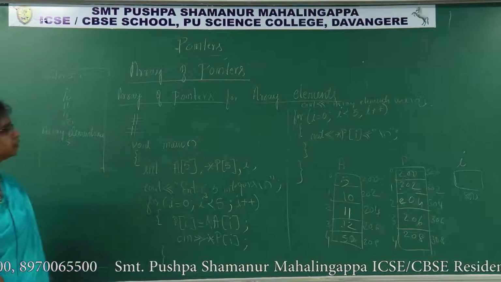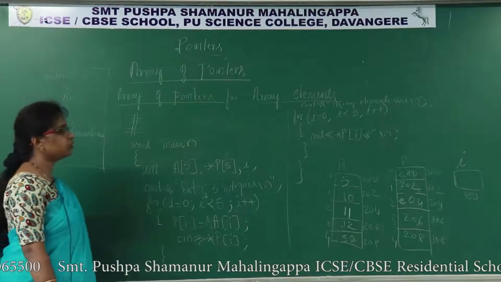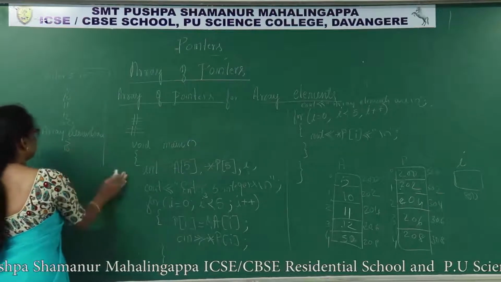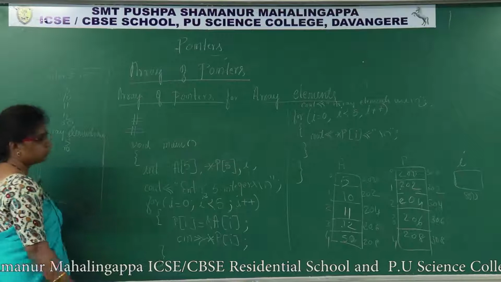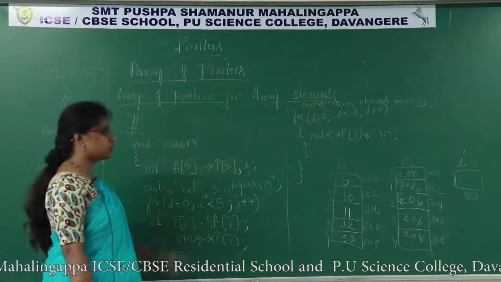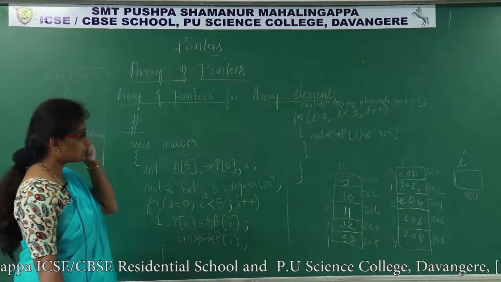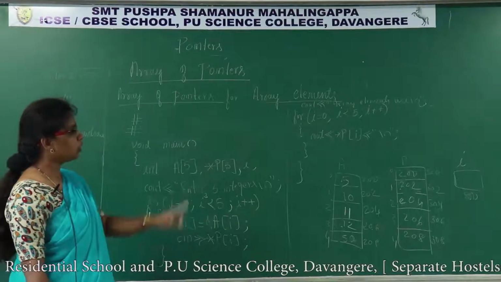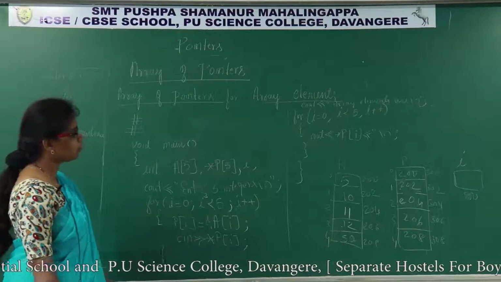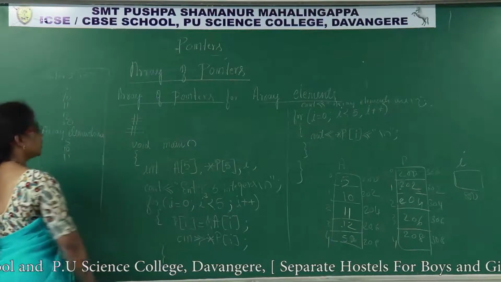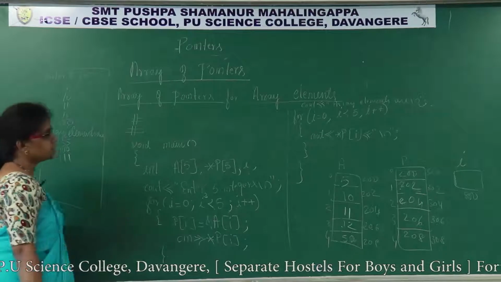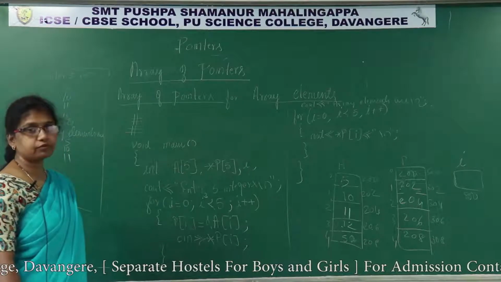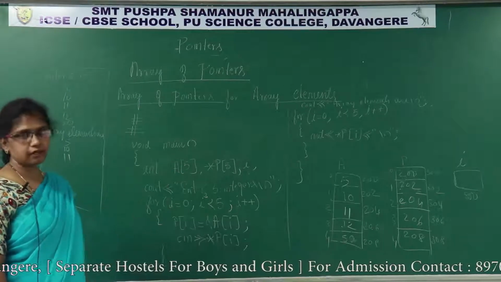Next I is 1, P of 1, what is there in P of 1? 202, star 202, value is 10. Now I increments, I becomes 2, then star P of 2, what is there in P of 2? 204, star 204, 11. I increments, I becomes 3. So P of 3, what is there in P of 3? 206 is there.